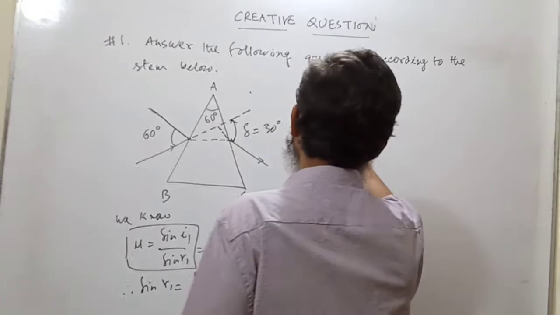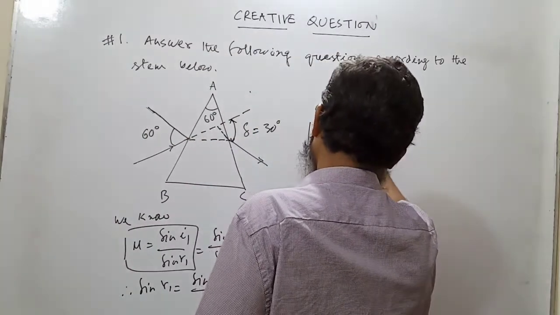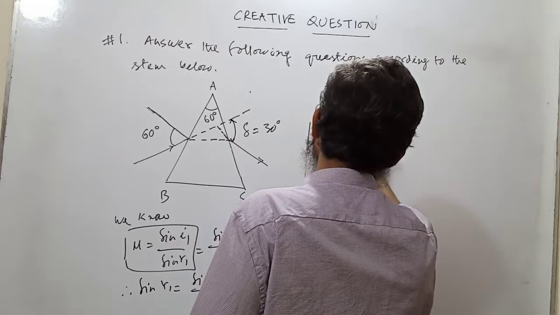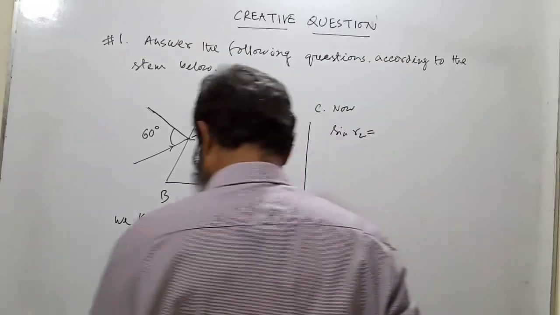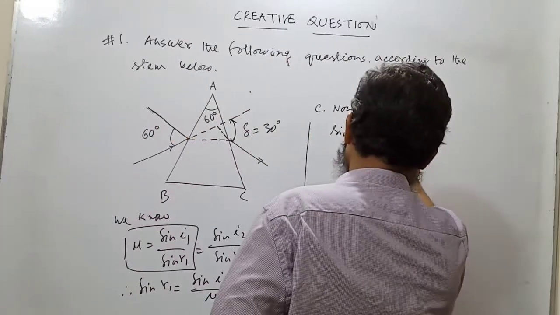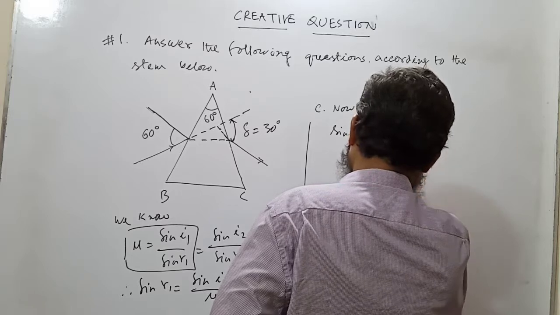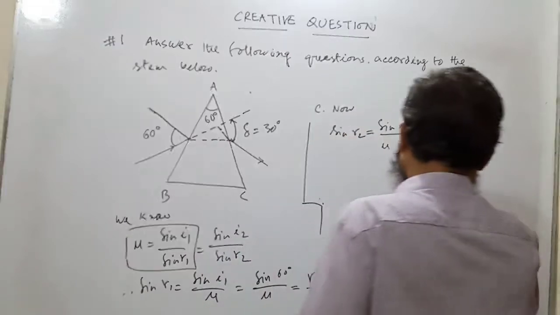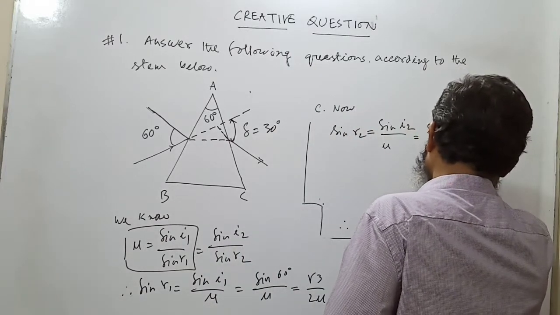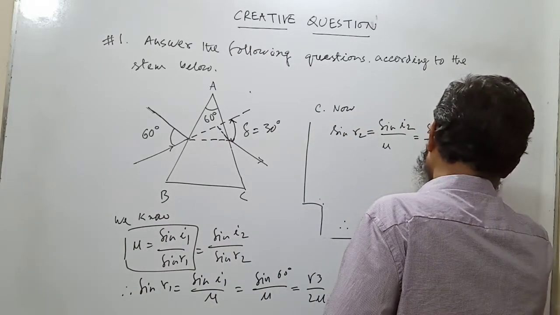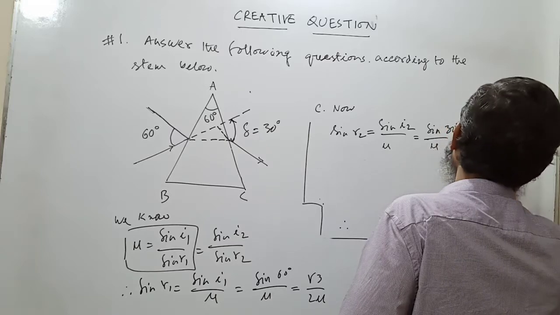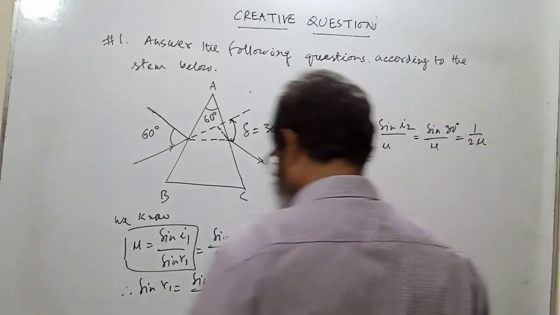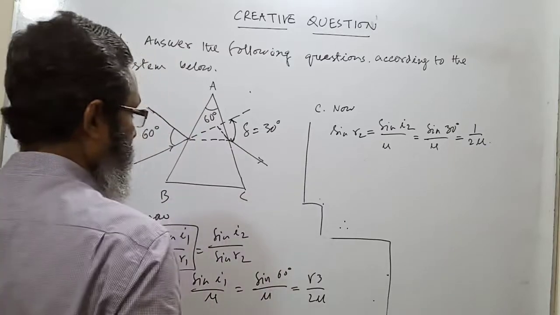Now sin R2 is equal to sin I2 by mu, is equal to sin 30 by mu, is equal to 1 by 2 mu, because sin 30 is equal to half.